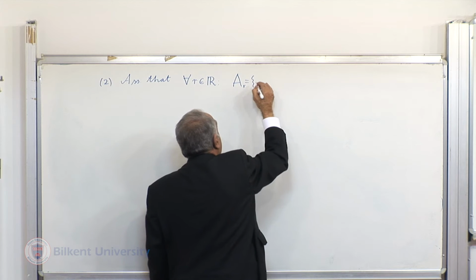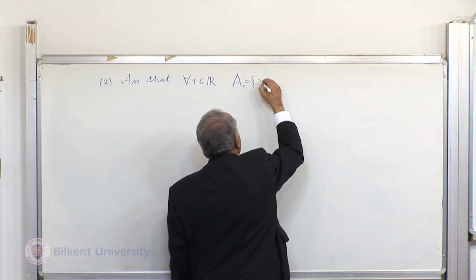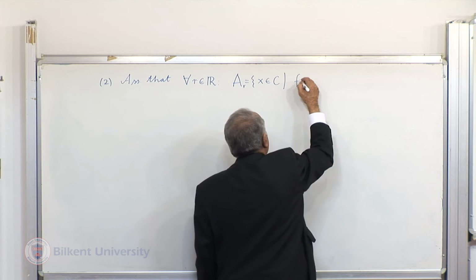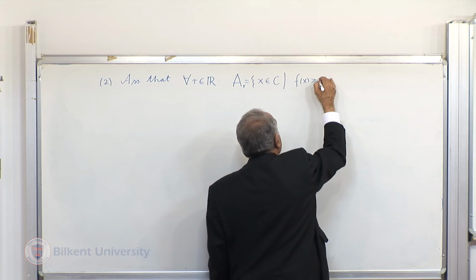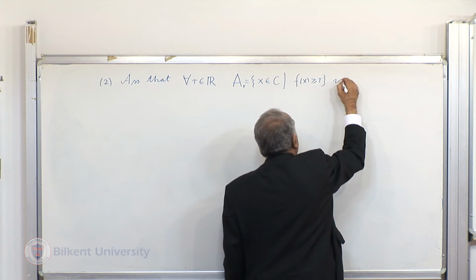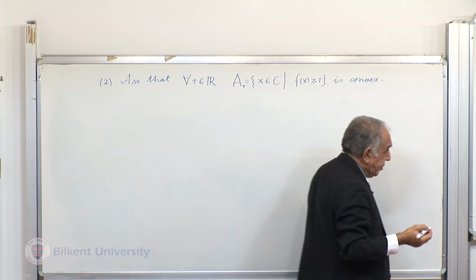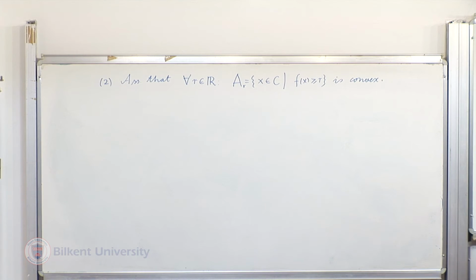A sub R equal to x in C such that f of x is larger than or equal to R is convex. Now this should imply that f is quasi-concave.